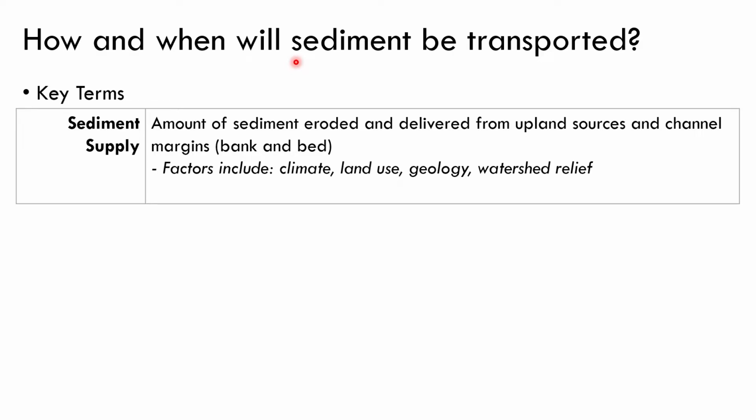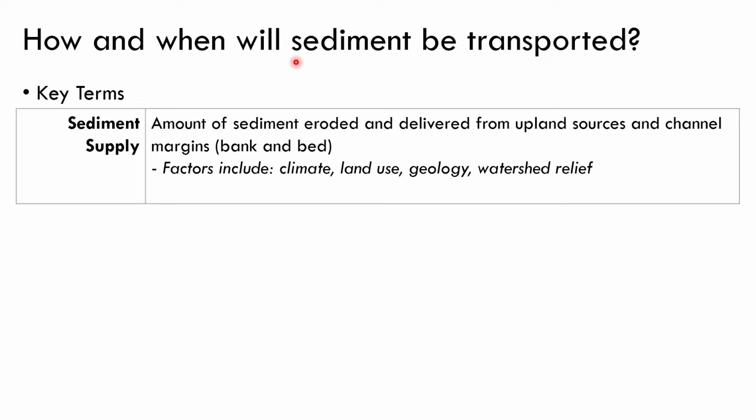Okay, so one of the key terms here is sediment supply. That is the amount of gravel or the amount of sediment eroded and delivered to the stream from what we call upland sources or the channel margins, so the beds and the banks. So things coming in through overland transport or hillslope processes, and also things that already exist right near the channel, from the beds and the banks.